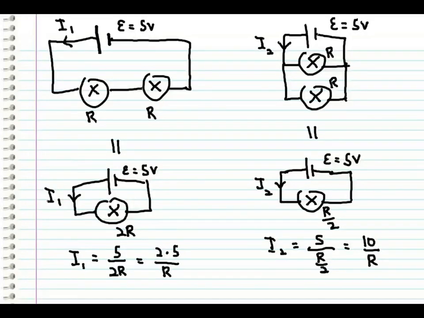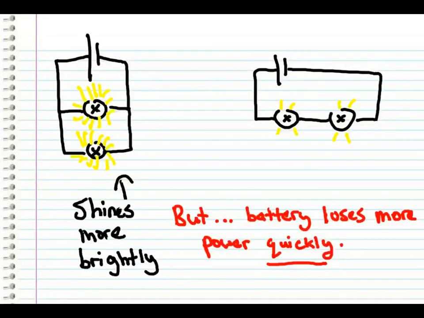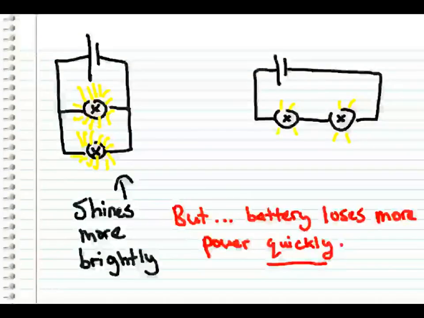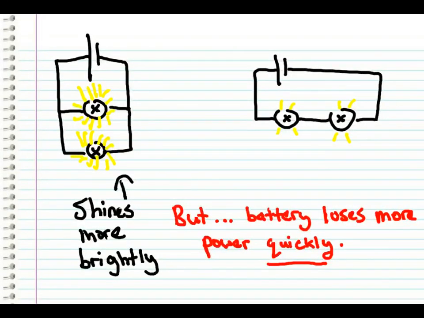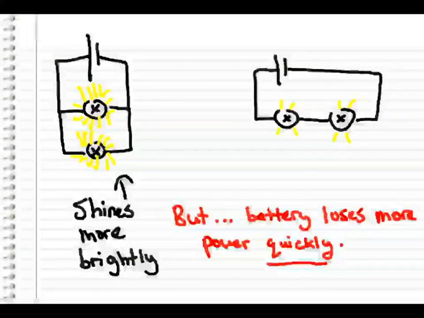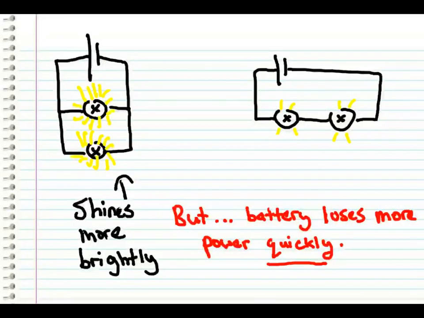Now please pause this video and take a moment to look at the calculation here. Therefore, bulbs which are arranged in parallel will shine more brightly than bulbs which are arranged in series. However, since they use more current, the battery will lose power more quickly.